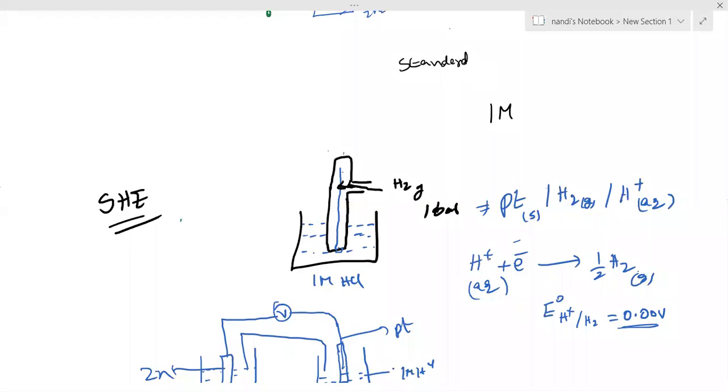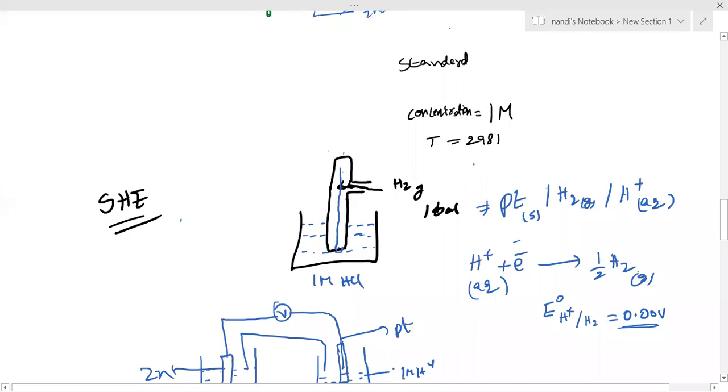1 M concentration, and temperature they gave as 298 Kelvin, pressure they gave as 1 bar. They are taking these as standard conditions for hydrogen.